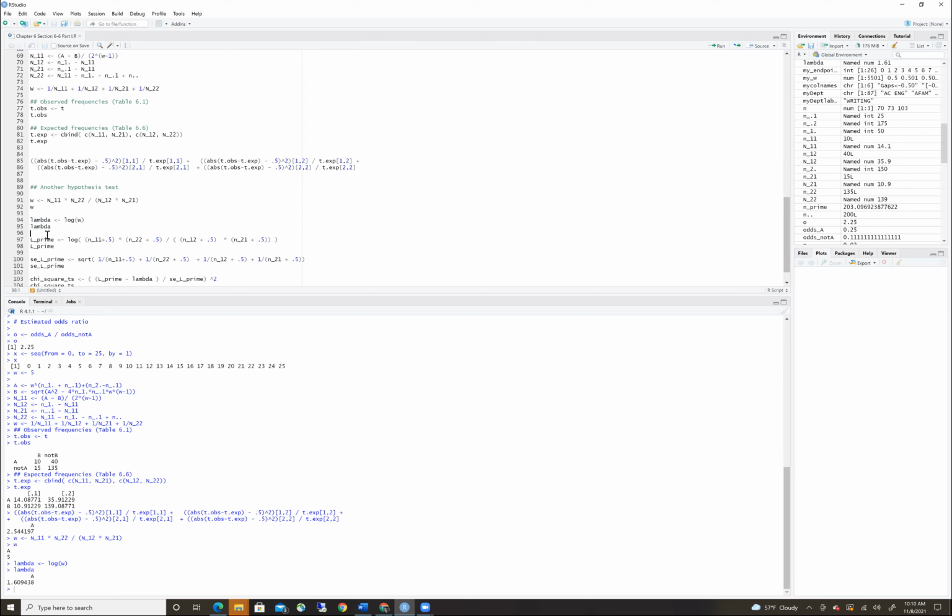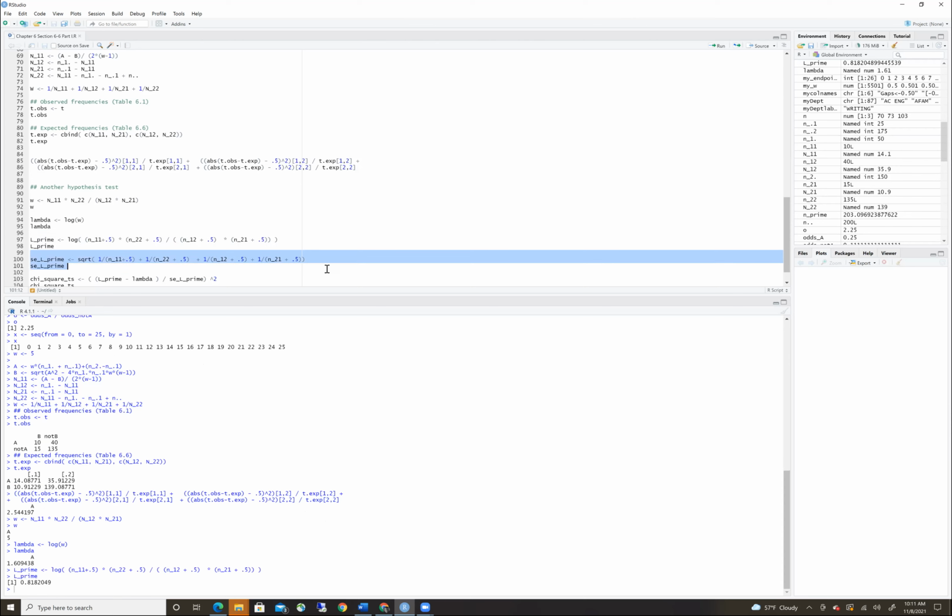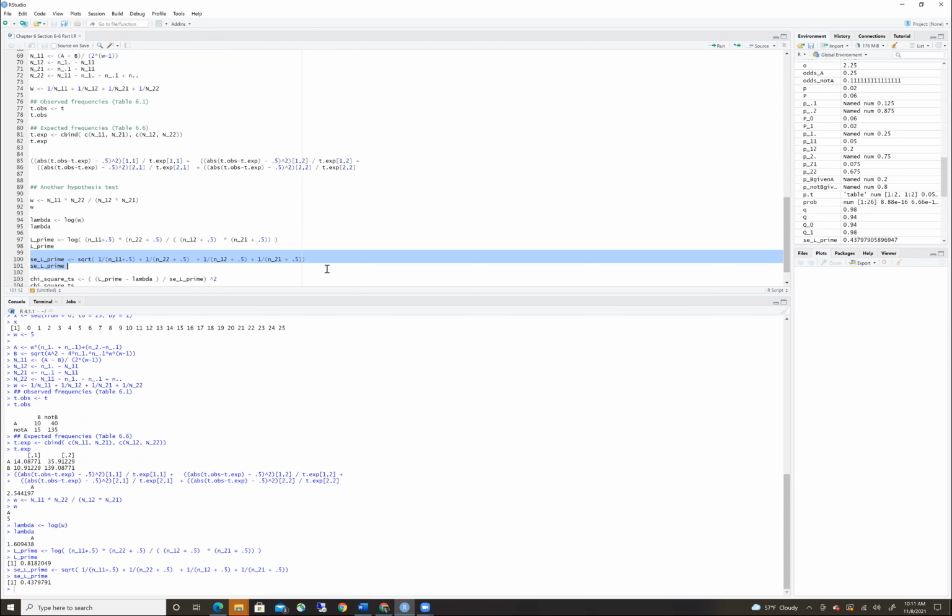I can calculate L prime according to equation 6.63. All right. And I can calculate the standard error of L prime according to equation 6.64.